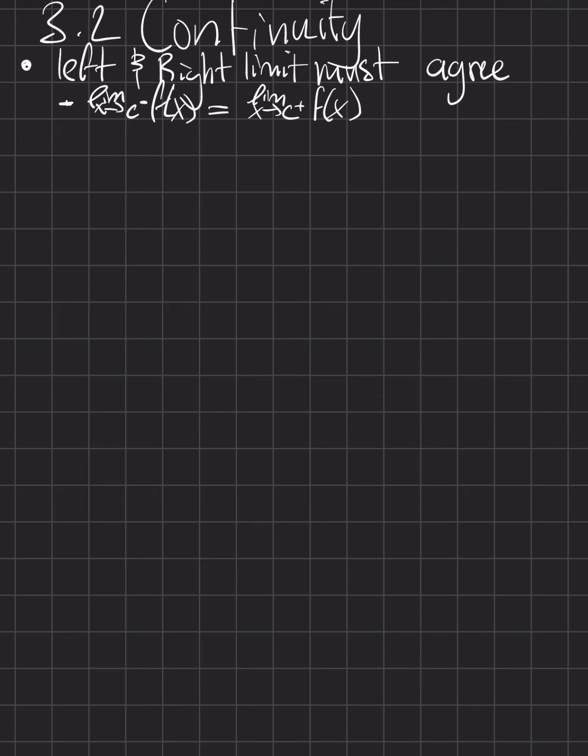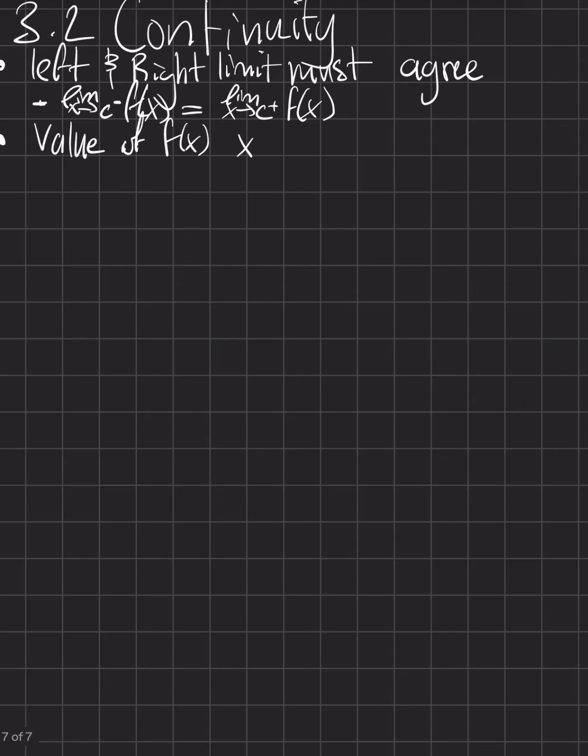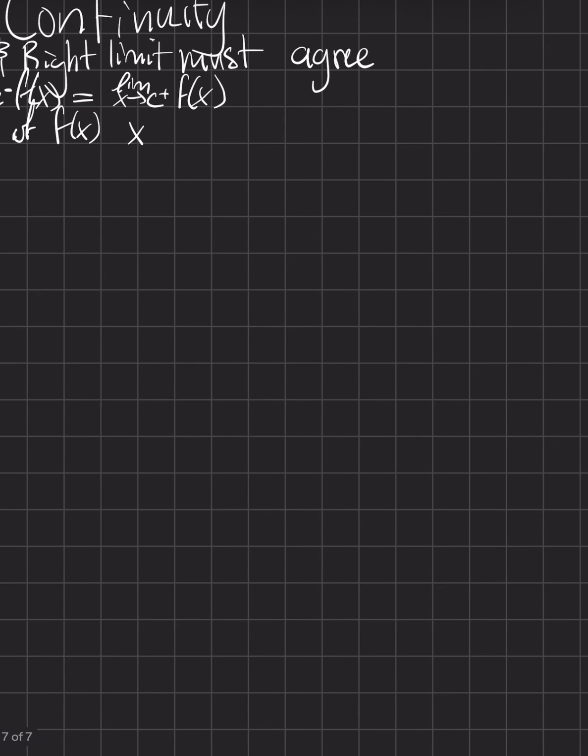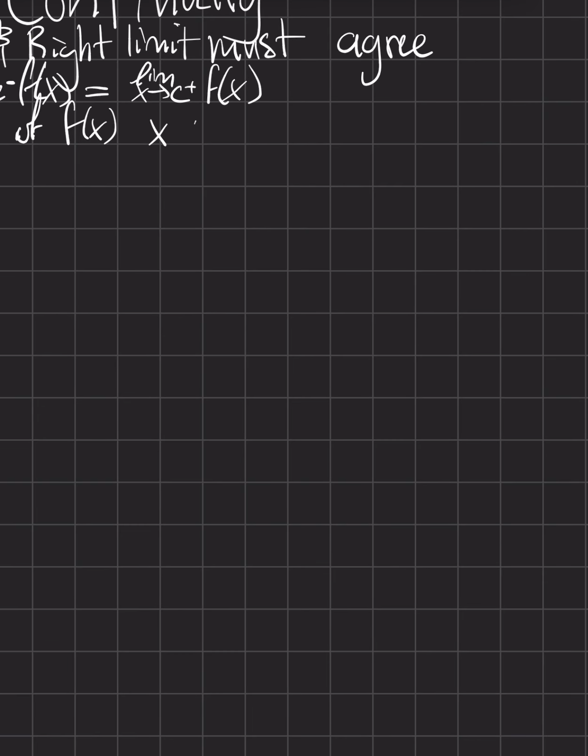And then the next thing that we need to know is that the value of f of x at whatever term x, right, must agree with the left and right limit.